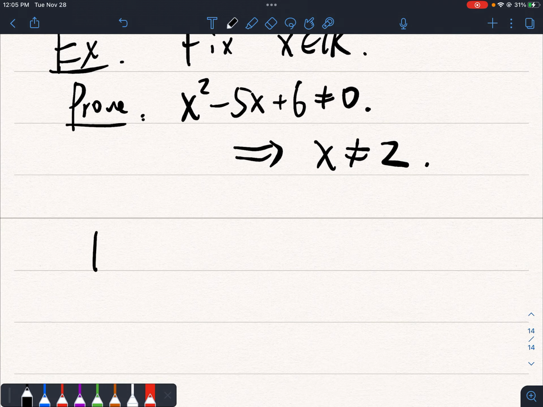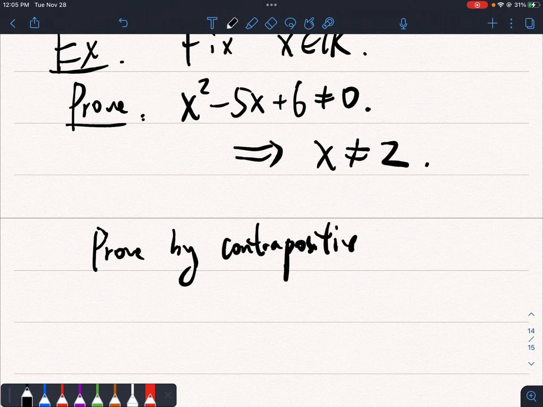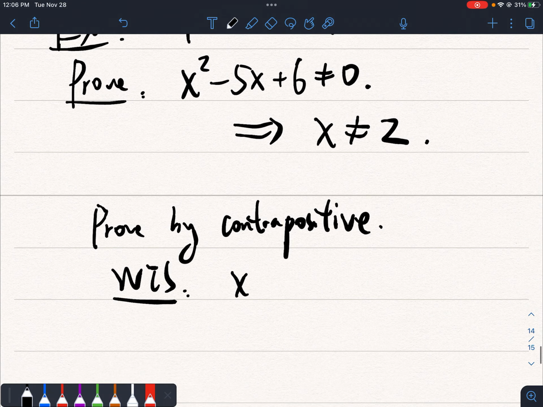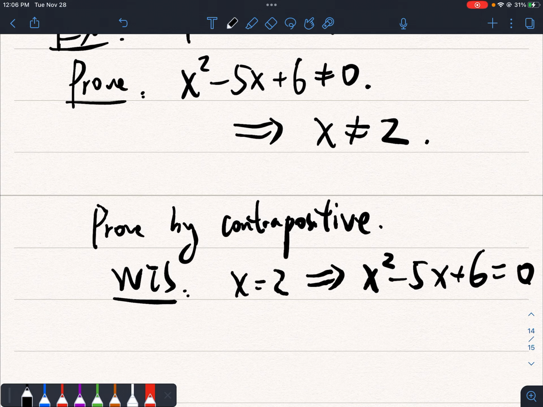What you can say is prove by contrapositive. All you need to show is that you can change this problem into the problem of x equals 2 implies x squared minus 5x plus 6 is equal to 0.